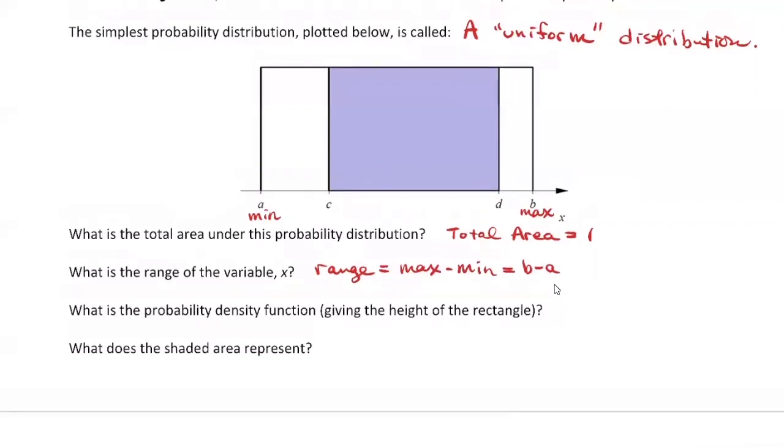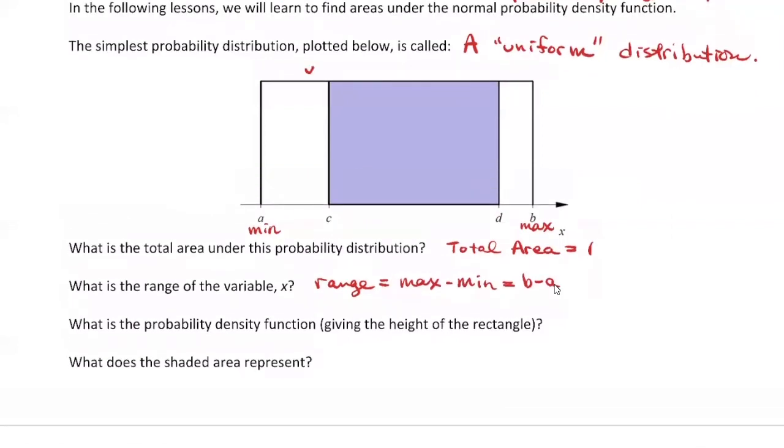Okay, the density function is the height of the rectangle. Y equals what? Is the equation for that curve on top. Remember, the height is y. The width is the range. Area, oops, the area is the probability.